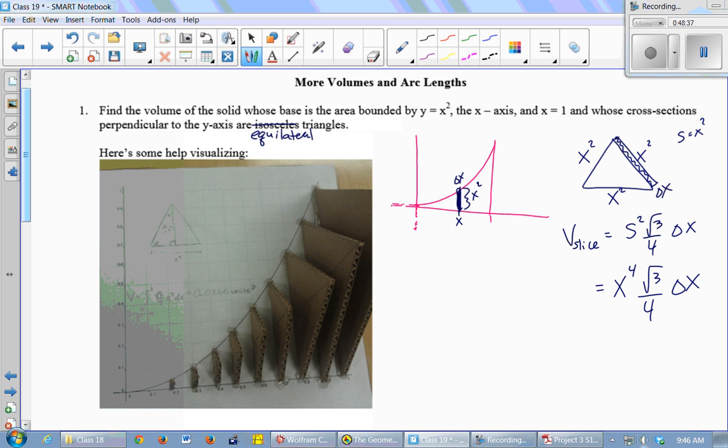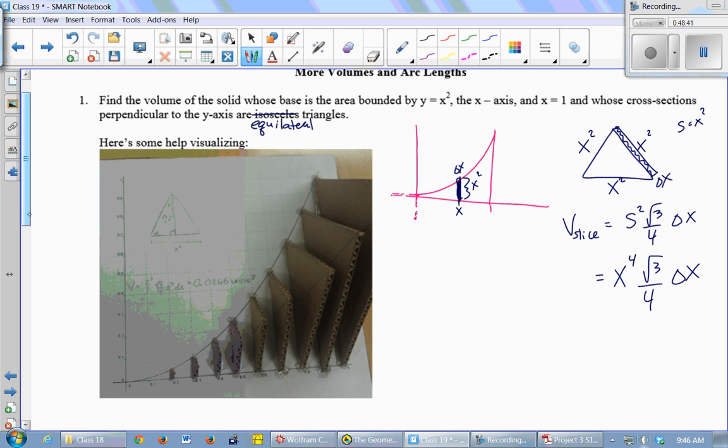So finally, I'm going to stack up a whole bunch of these equilateral triangles along the x-axis from 0 to 1. My final volume will be an integral from 0 to 1. That's the sum of a whole bunch of triangular prisms of very small depth. It would be radical 3 over 4 x to the 4th dx.